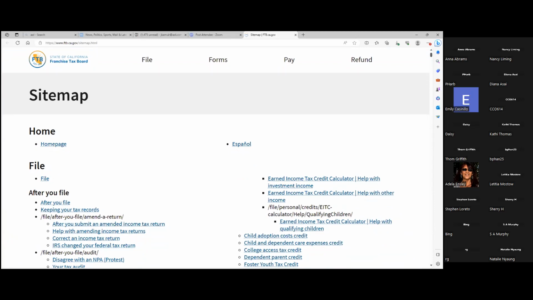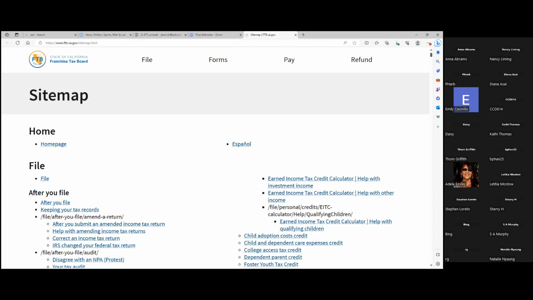Yeah, and usually the California part of the tax layer is the last thing that becomes available. And that's a good point. When you're ready to go through your training in January, those forms should be published, and the California portion of the tax layer should be published, ready to go.